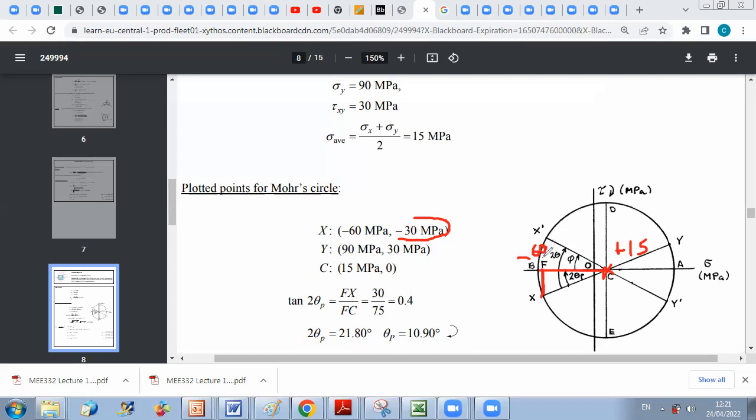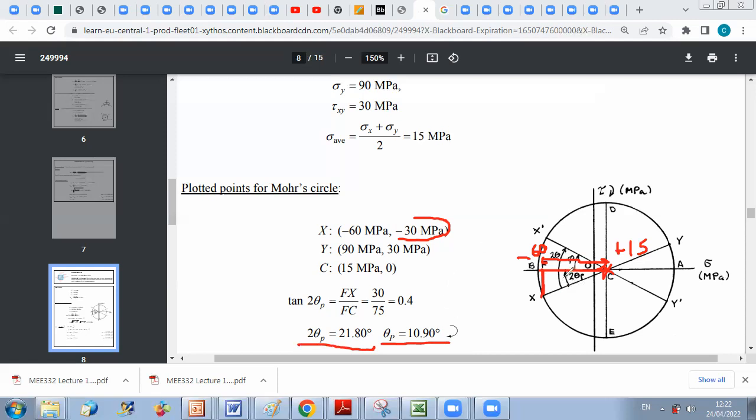Then the distance from F to C is 60 plus 15, which is 75. So tan 2 theta p is 30 over 75, which equals 0.4. Now you can say that 2 theta p is 21.8 degrees in the clockwise direction. So on the figure of the element, I should rotate from X to the principal axis by an angle of 10.9 degrees.